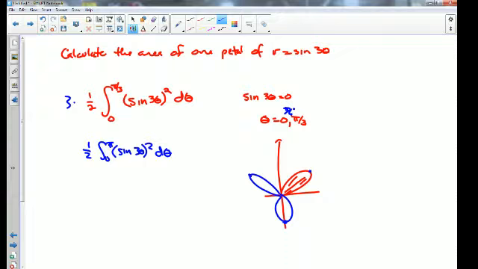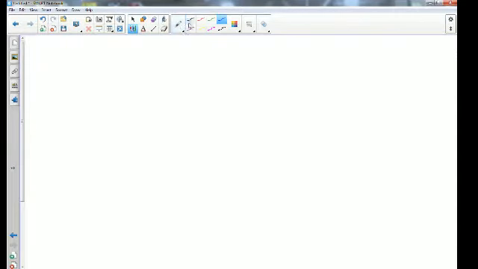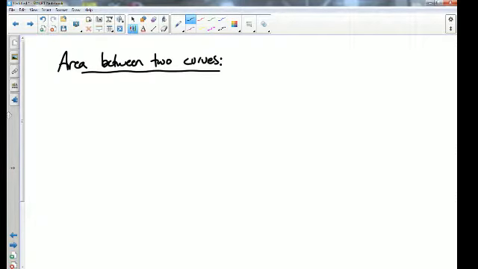Okay. Let's look at area between two curves. What's the most common thing that shows up on these?